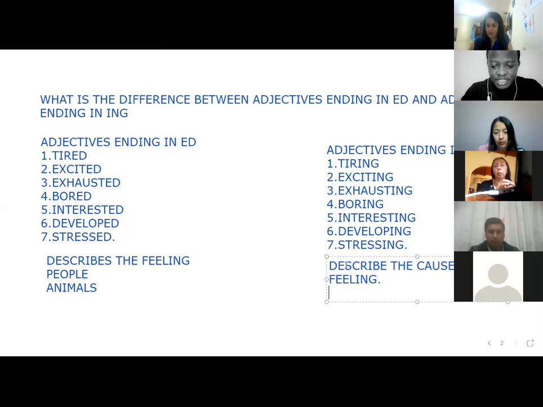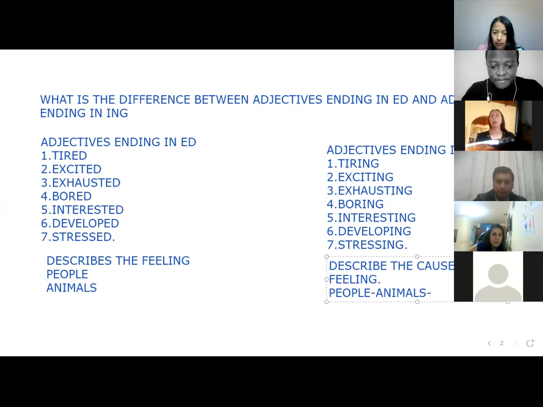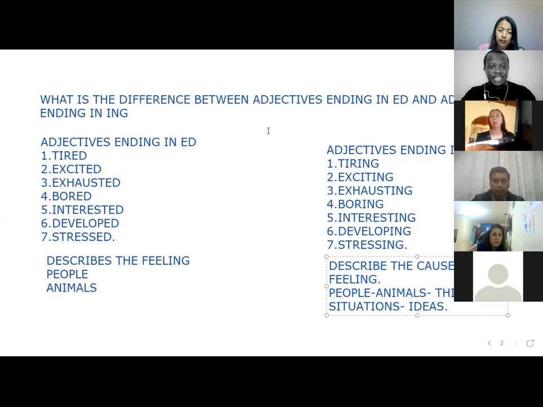And we can use it for people, for animals, for things. We can use ing adjectives for situations. You can also use it for ideas. And here we are describing the cause of the feeling.